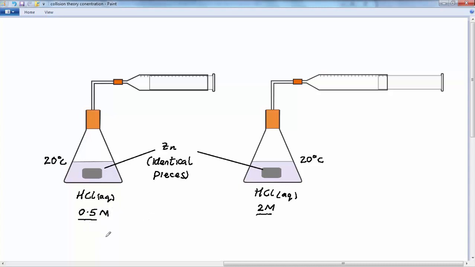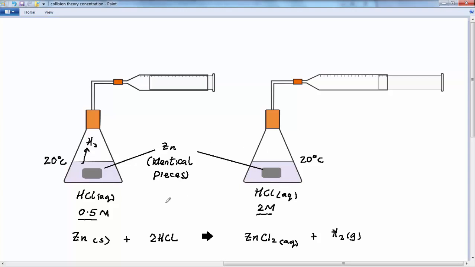And we remember that in the reaction with zinc and hydrochloric acid, you're going to get hydrogen gas, and it is the hydrogen gas that is being released here and filling up the syringe and forcing the piston to move to the right.